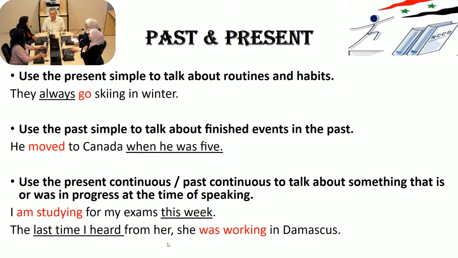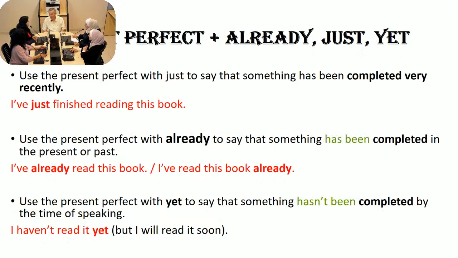Actually, here we don't have interruption. It is a specific point in the past, but the action was in progress. In the book, yes, we have interruption. Something was going on and was interrupted by another action. We put the first one in the past continuous, and the one that interrupted it in the simple past, like while I was going to school, I fell off.